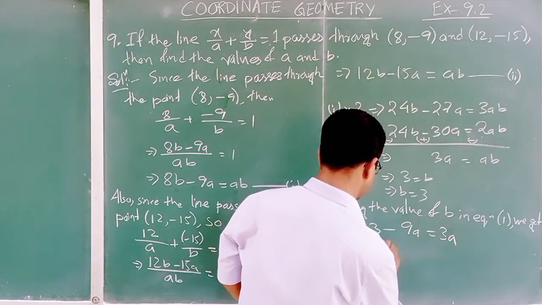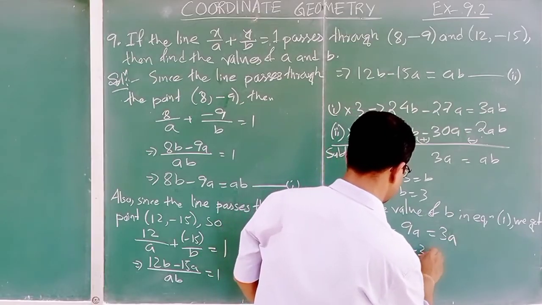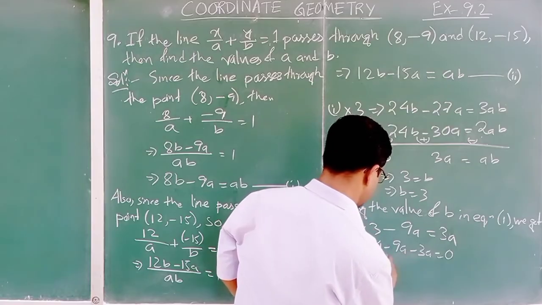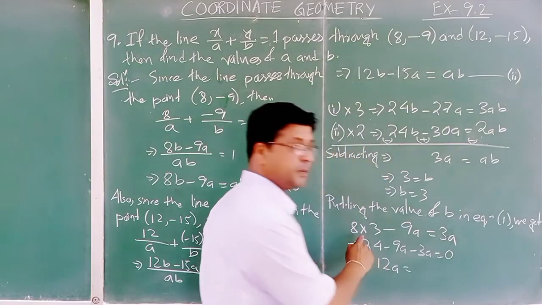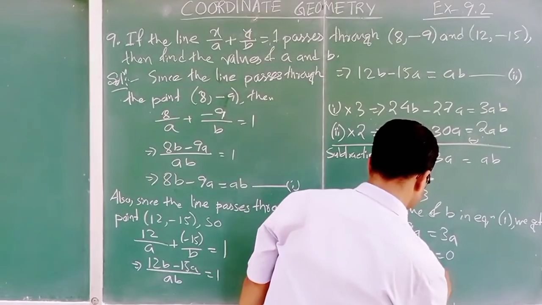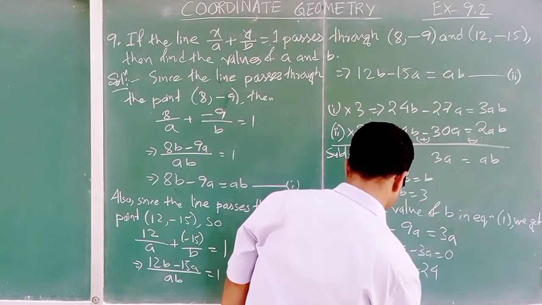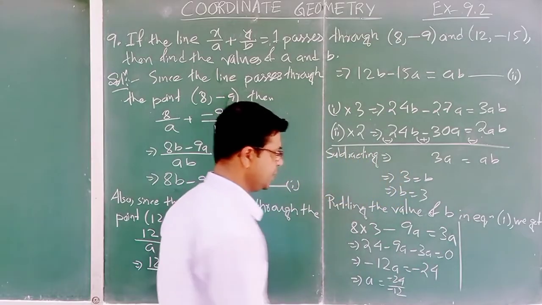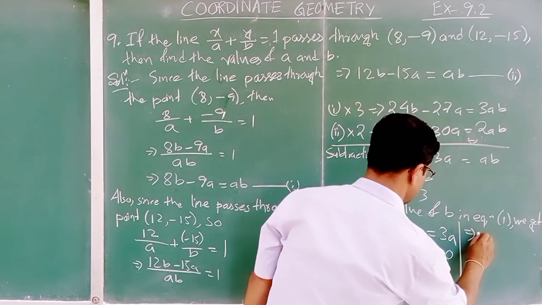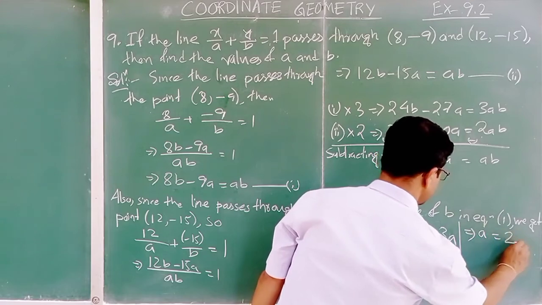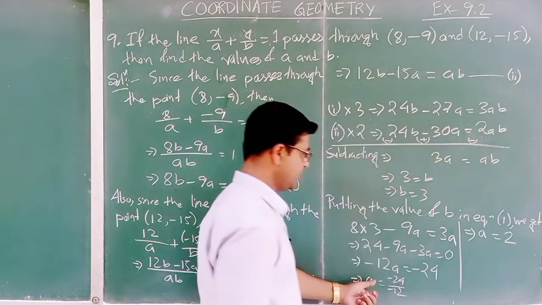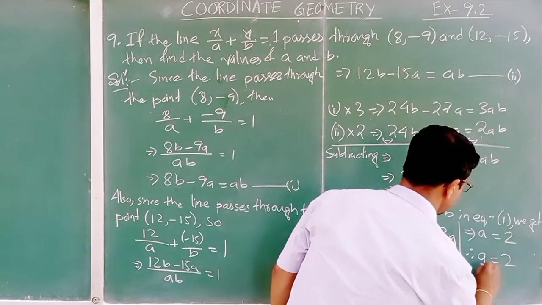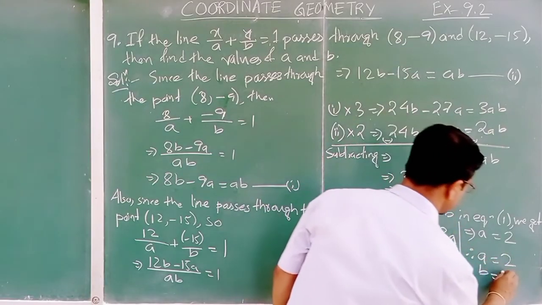This is 24 minus 9a minus 3a is equal to 0. So this is minus 12a, and this 24 is plus, on the other side, minus 24. So a equal to minus 24 by minus 12. Thus we have obtained, only a few steps are left. a is equal to 2. Thus we have obtained the value of a is 2. Therefore let us write the solution. a equal to 2, and what is the value of b? b is equal to 3.